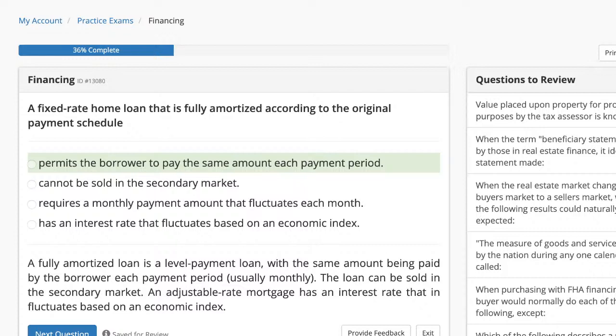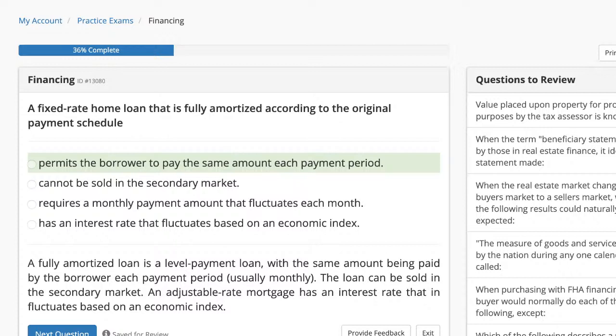Okay, so amortization is the process of paying off a debt, right? Your debt's decreasing. What would be a fully amortized loan? What would that mean to you guys? What do you guys think?